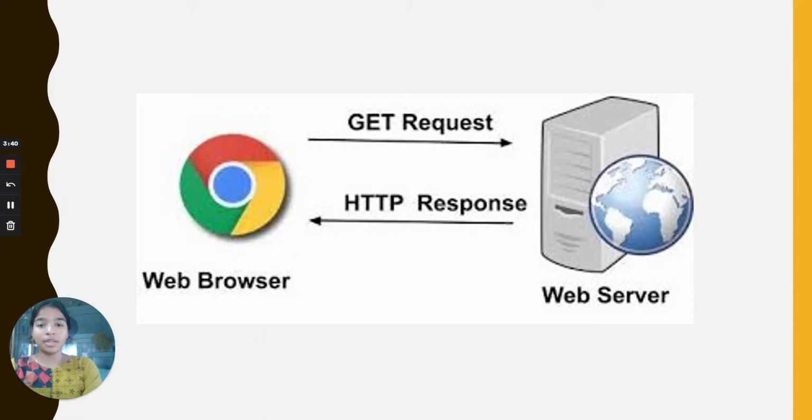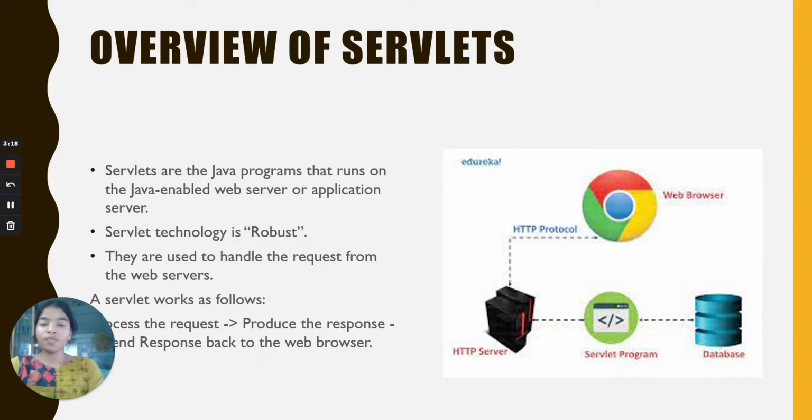What happens is there is a servlet that takes your request and checks whether your mail ID and password are correct, and only if they are correct will you be redirected to the home page. So the main point of a servlet is that it takes your request and provides you with the response you requested.